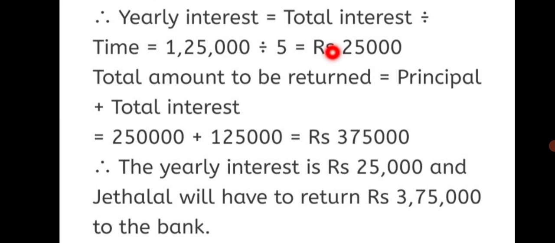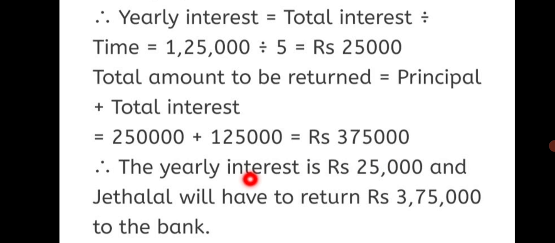And now we are asked what is the total amount that he returns to the bank. Therefore, total amount to be returned is equal to his original principal plus the interest. So original amount is 2,50,000 plus the interest for 5 years is 1,25,000. So that is equal to 3,75,000.